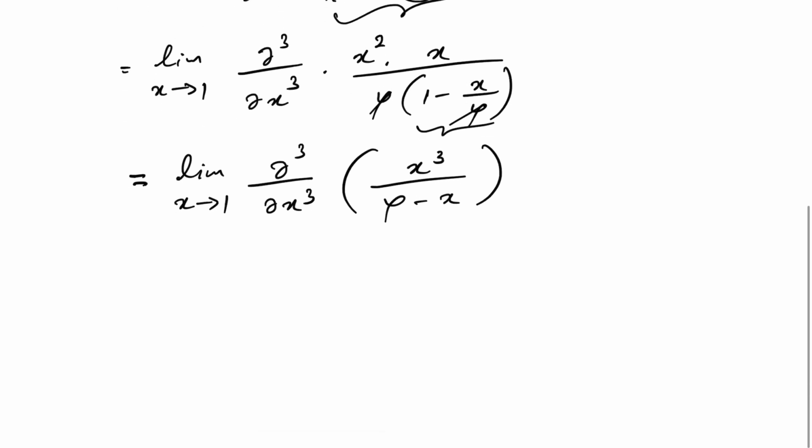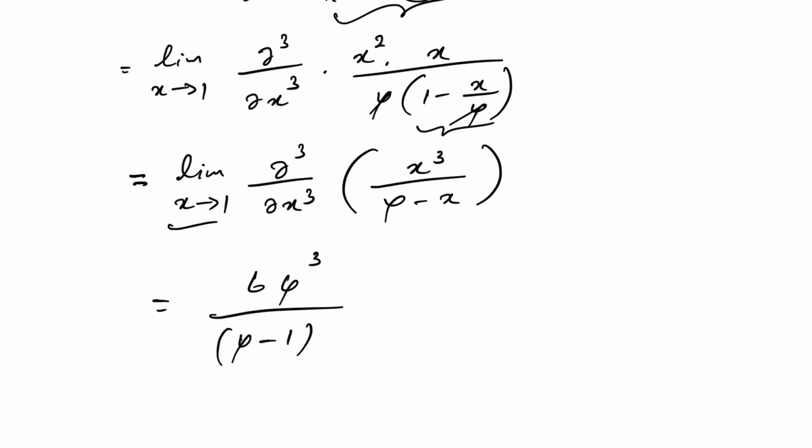If we differentiate, we have 6 times phi cubed over (phi minus x) to the 4th power. Sorry, not 5, phi, the golden ratio. But x approaches 1, so phi minus 1 to the fourth power. This is the answer.